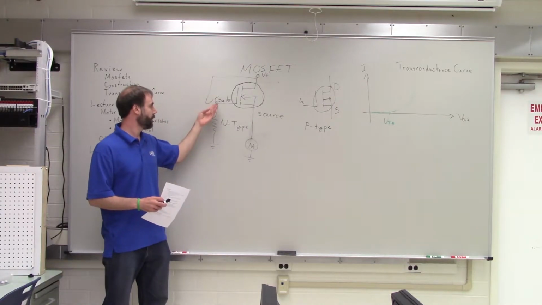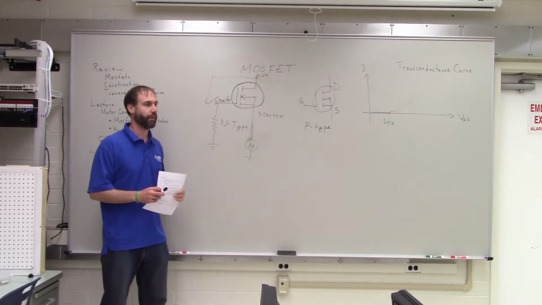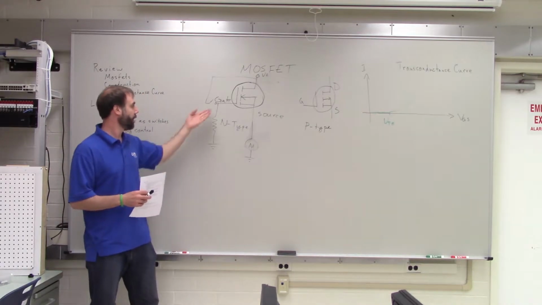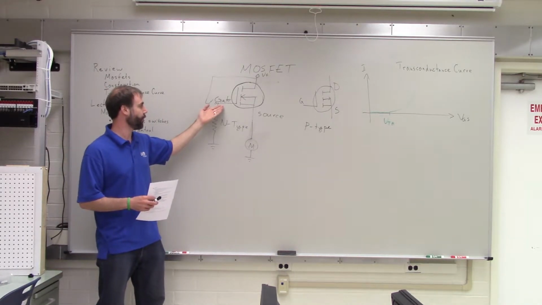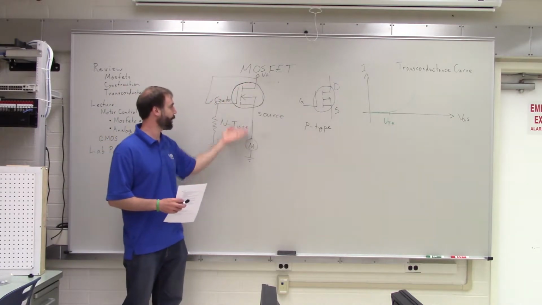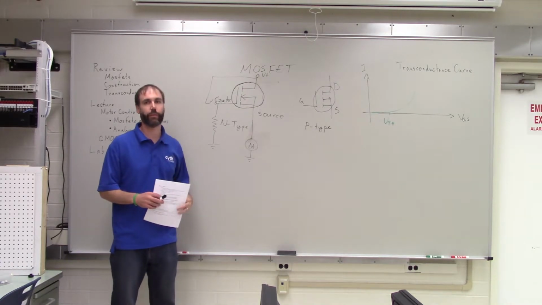And since we're using voltage to control the MOSFET, we can do this with the microcontroller, right? We could even have a very small microcontroller that can produce hardly any current, controlling a very large motor, because these MOSFETs can handle quite a bit of current.